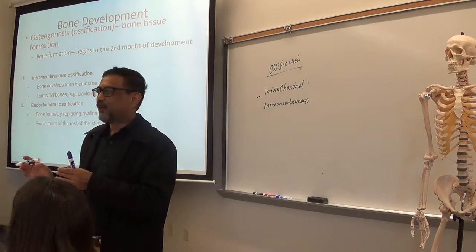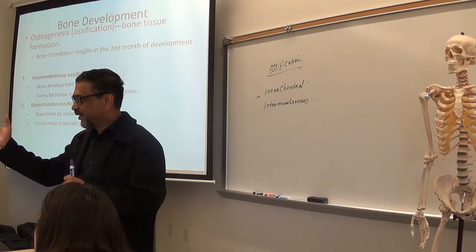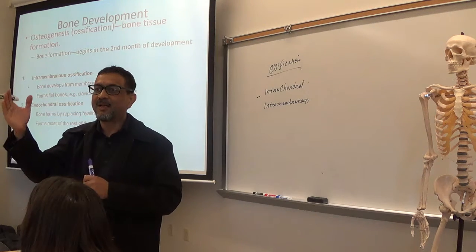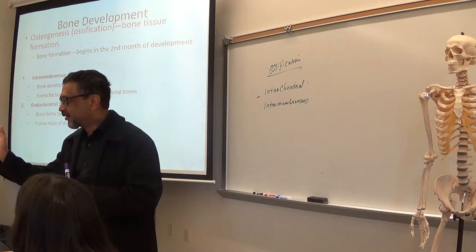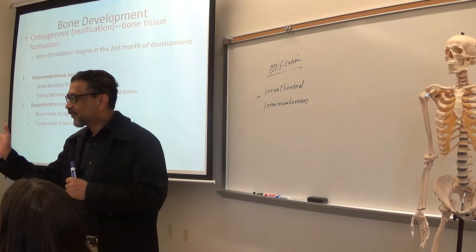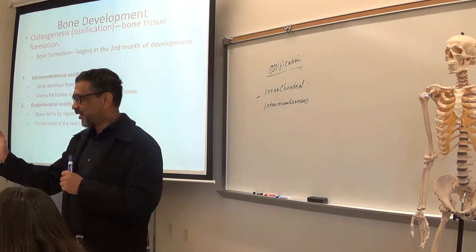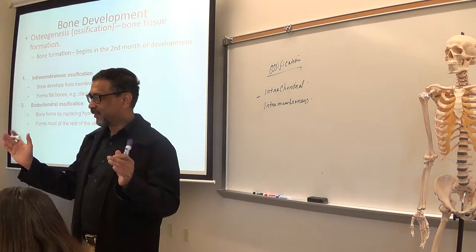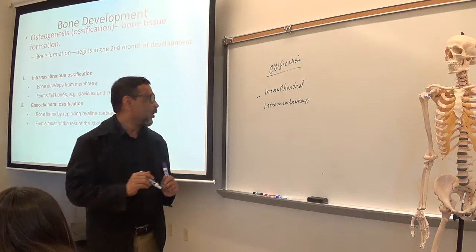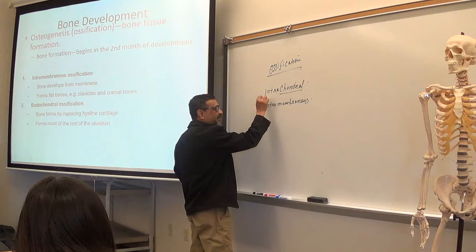So if I say osteocyte, cyte means cell, so osteocyte is a bone cell. Chondrocyte is a cartilage cell. Chondroblast, young cartilage cell. Osteoblast, young bone cell. Remember that.